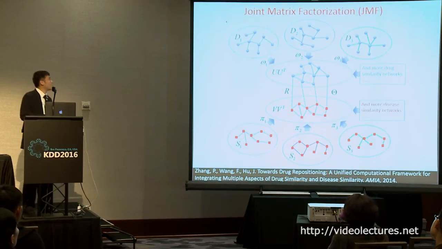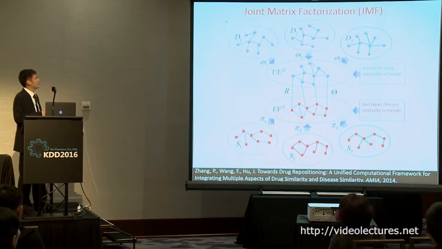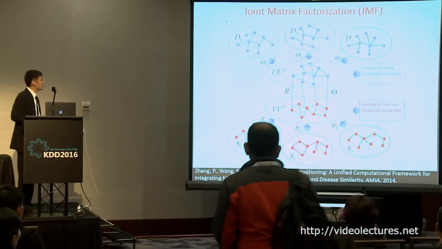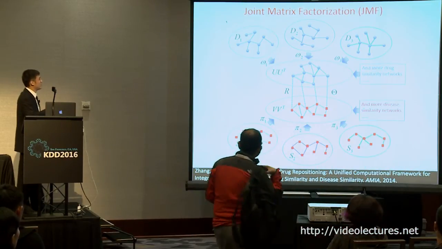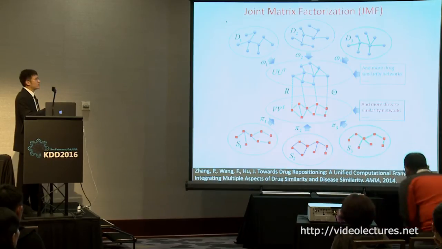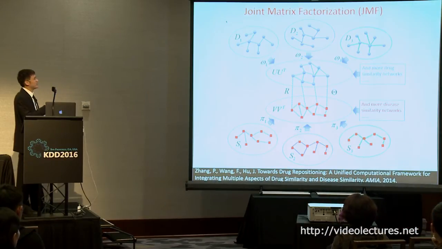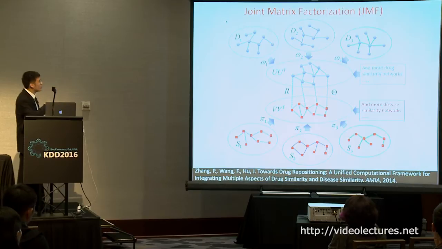And here, what I introduce is our paper about joint matrix factorization. We have two domains. The first is the drug domain. Each of D1, D2, D3 is a different drug network, and in the network each dot is a drug.